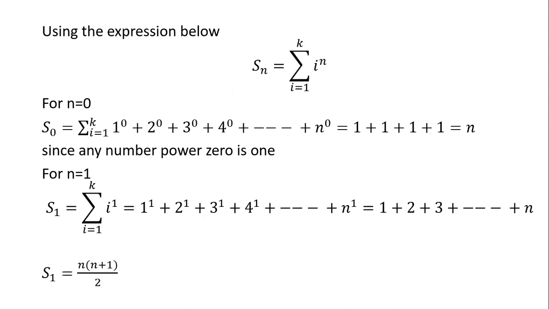When the power is 1, the sum of n numbers is 1 plus 2 plus 3 plus 4 up to n. This has been proved from the previous example using the sum of the first n natural numbers, and we got S1 equal to n into n plus 1 over 2. However, the complex part is S2, which is the sum of squares of the natural numbers.